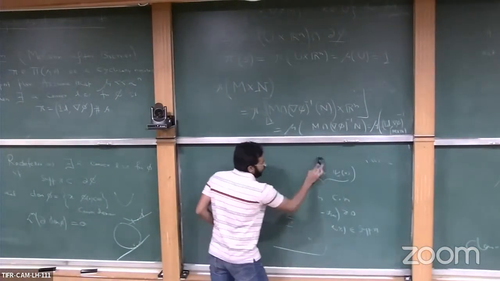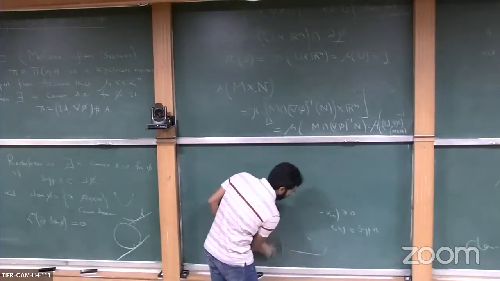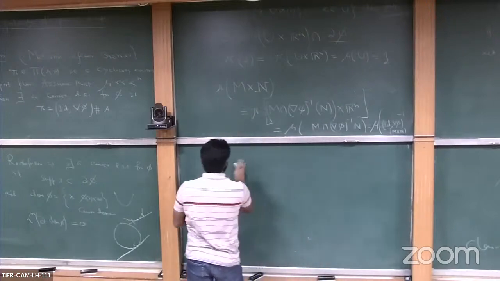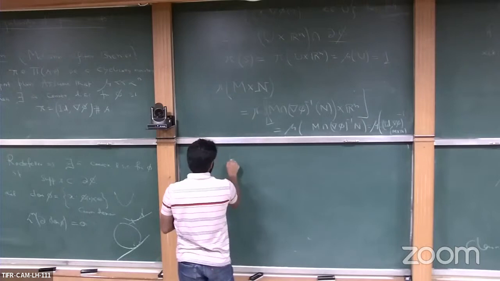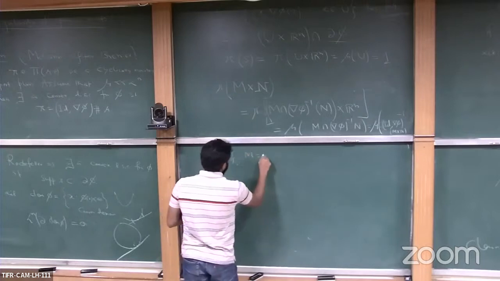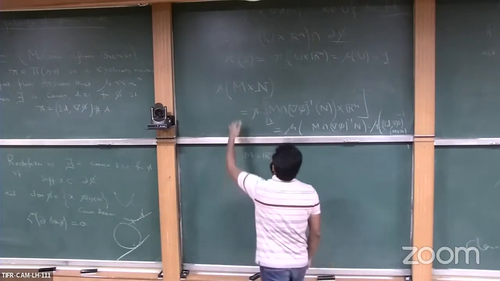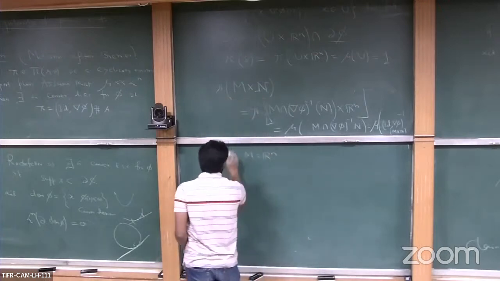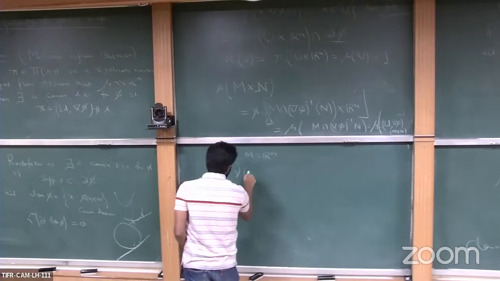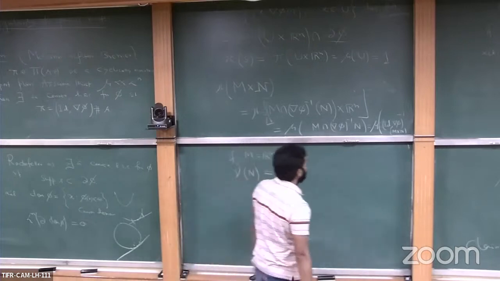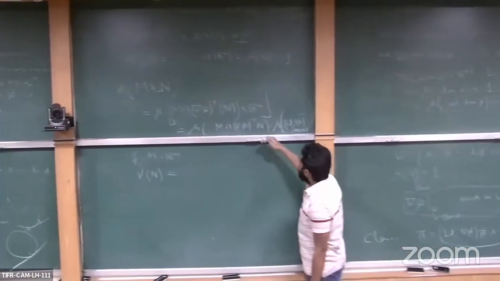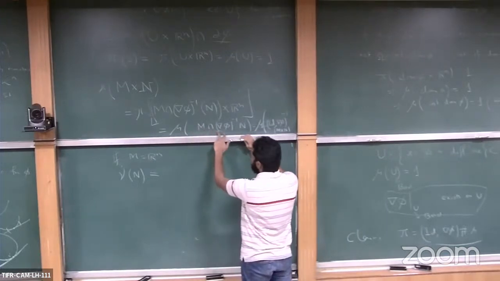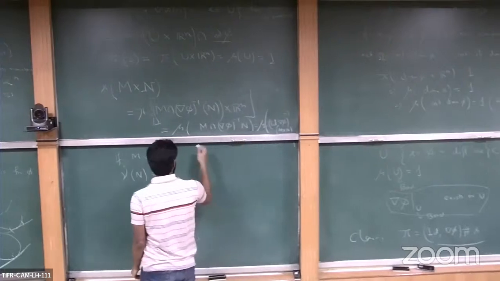So this proves that pi is given by a map. So in particular, if I choose M equals to Rn, then this one is by marginal condition. This one will give me mu of N, which is equals to, from here, since I'm choosing M equals to Rn, I mean, if you intersect any set with Rn you get the set itself, right?